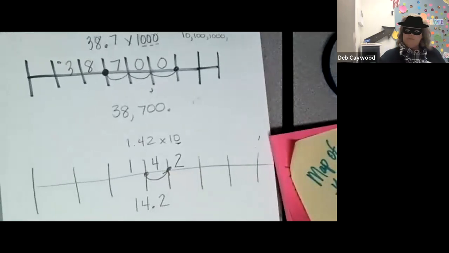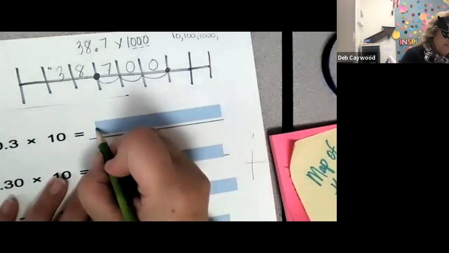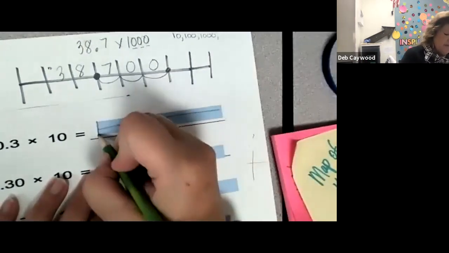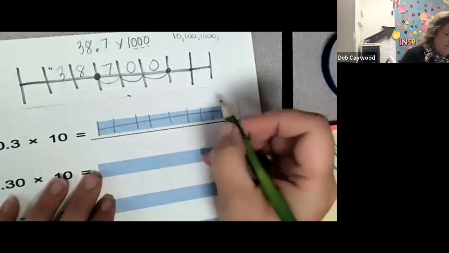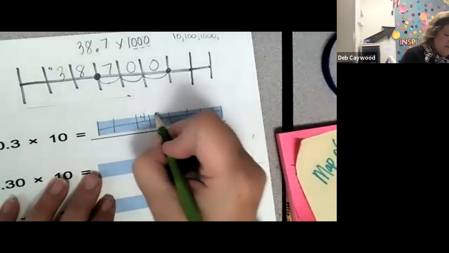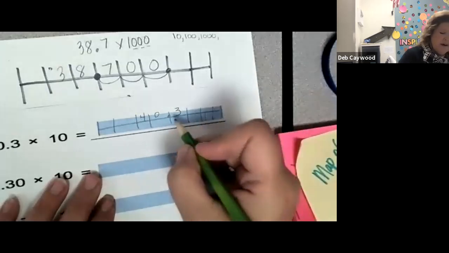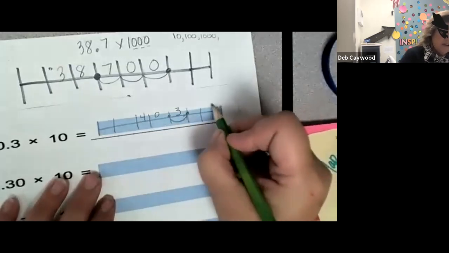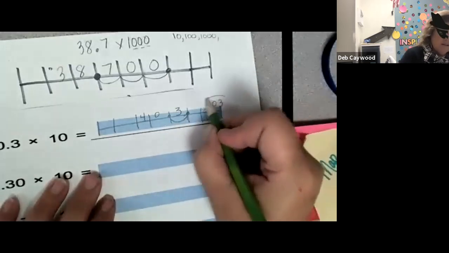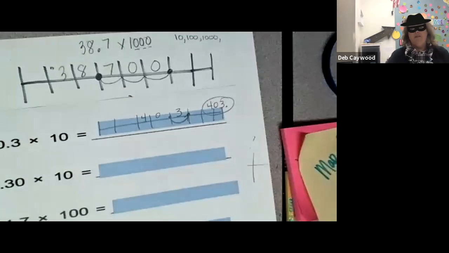So in your problems for today, what I want to see you do is use this blue line, divide it up into sections. I want you to write the number, and then I want to see you move the decimal point and then write the answer. Okay?